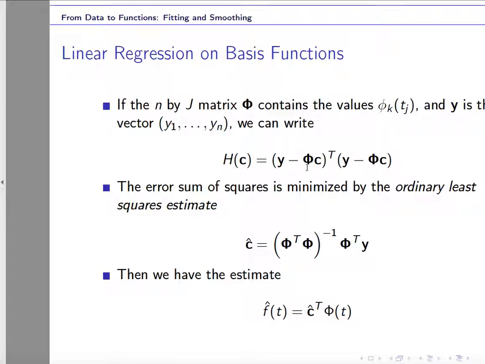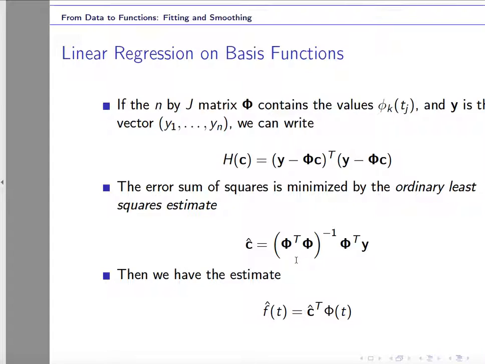Here, capital Phi is an n by J matrix, which we call the basis matrix. It has n rows and J columns, and each column is one basis function evaluated at the n time points.